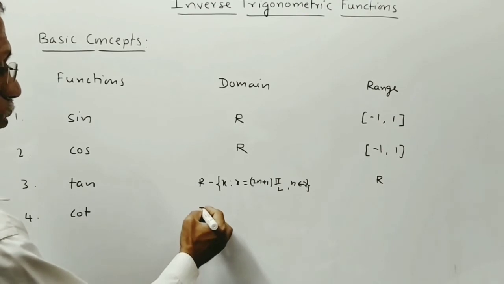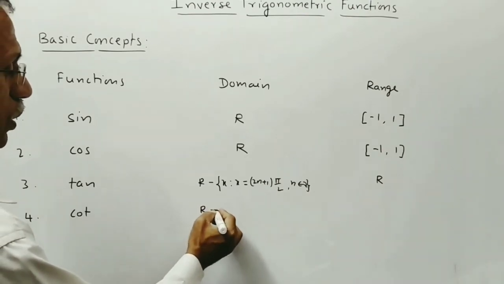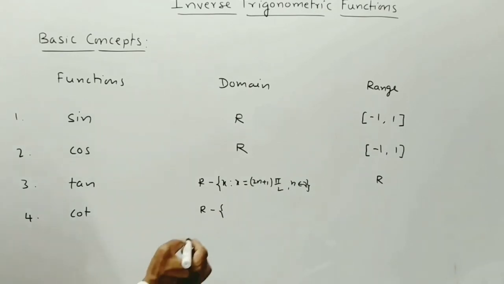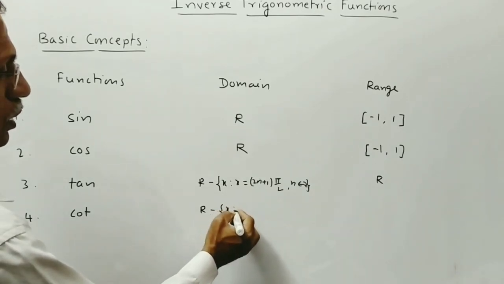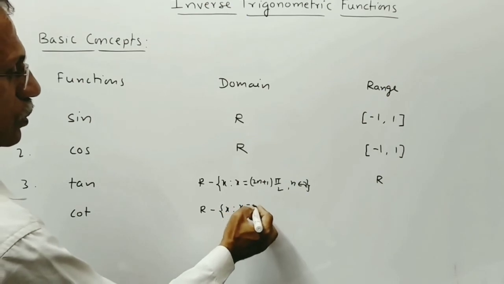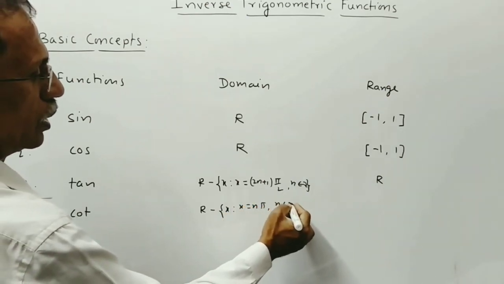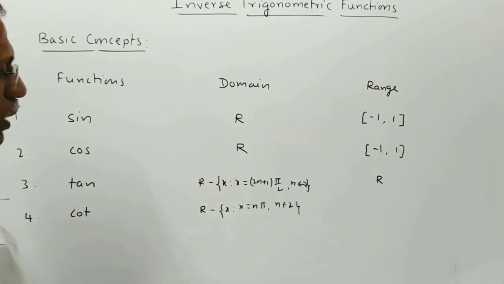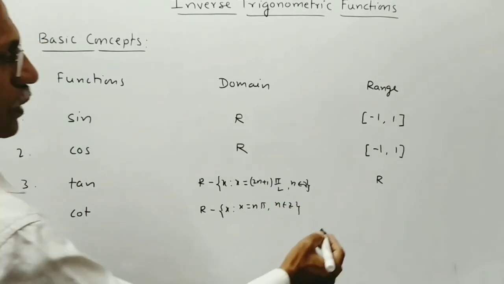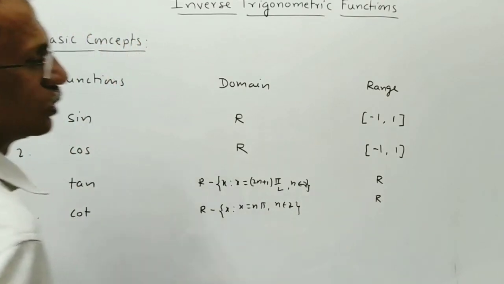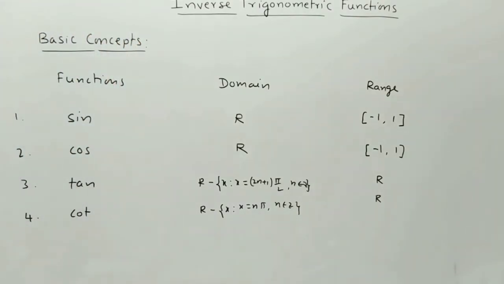Therefore, domain of cot function is set of all real numbers minus set of all x such that x is equal to n pi, n belongs to z, and range is set of real numbers.